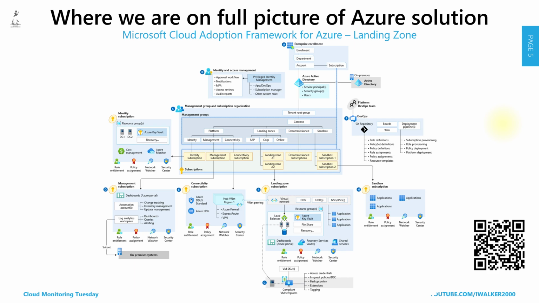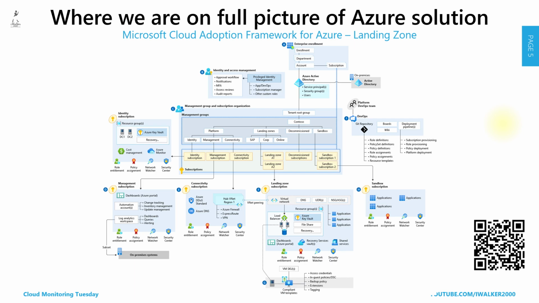Any time when you are building a new solution, when you are moving, migrating your solution to Azure, you have to understand, or plan, how this solution will be placed in Azure, how it will work in Azure, what the main options like security, like role access, like monitoring, like automation will be provided.